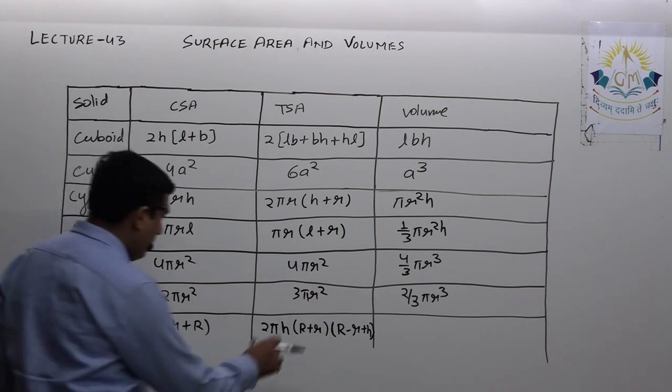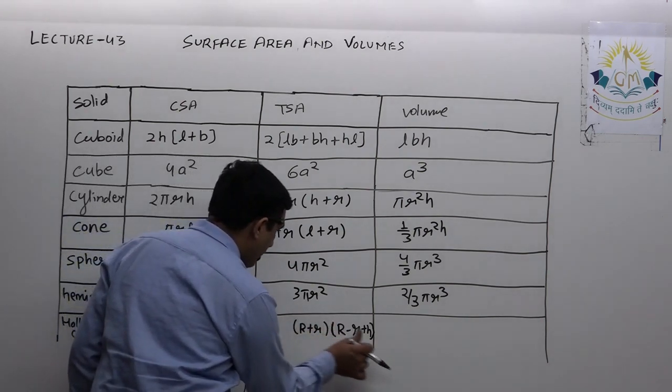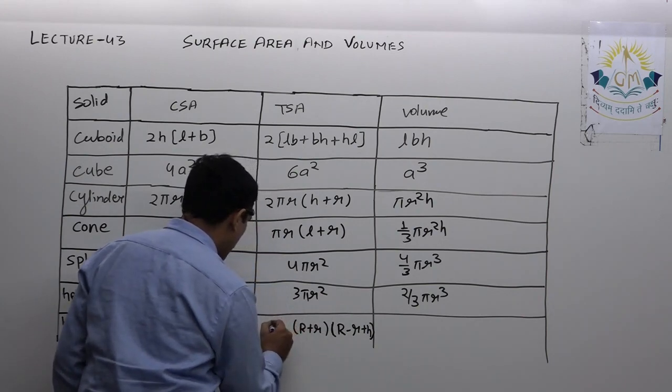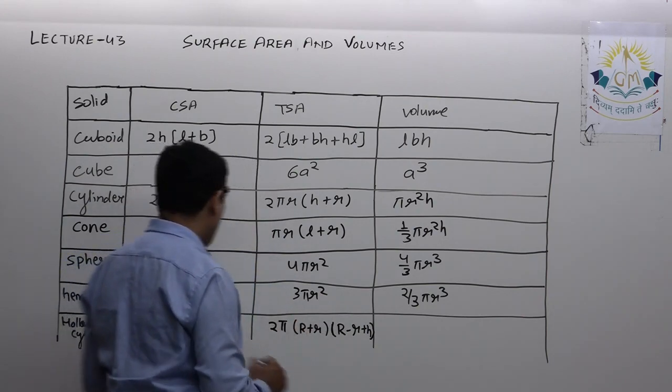Okay, this h won't be there. This h won't be there. So R plus r. Okay, this is the total surface area of a hollow cylinder.